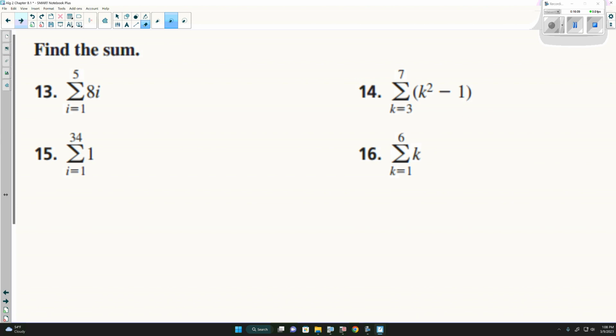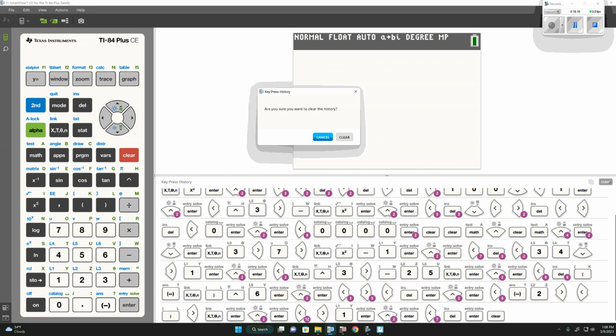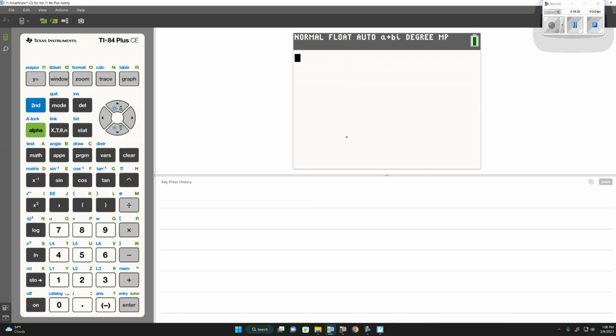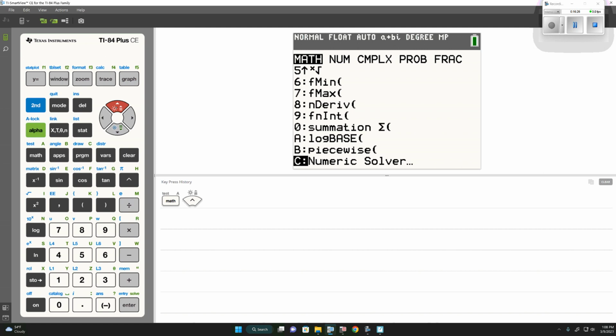So, i equals 1 to 5. See here, let's clear all that out. Now, we could type this in the graphing calculator. Hit math, go up 1. There's something nice there.